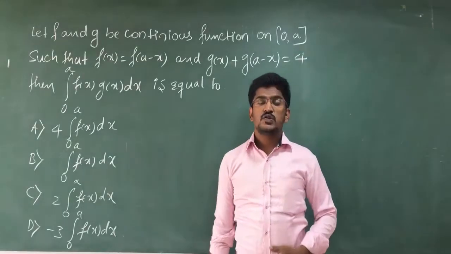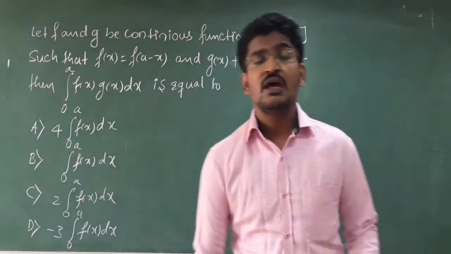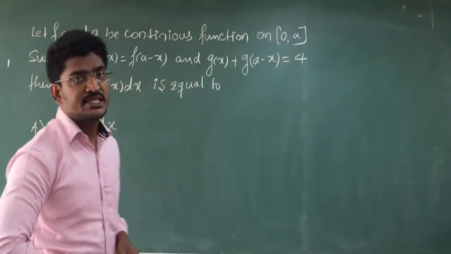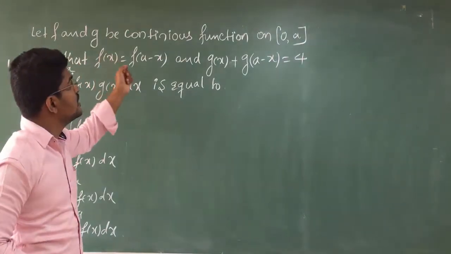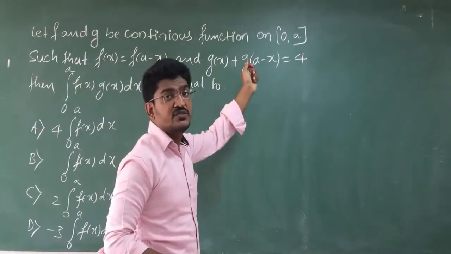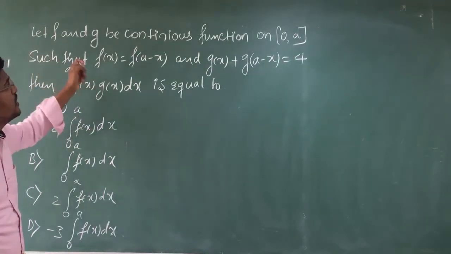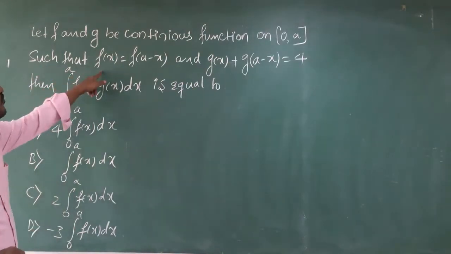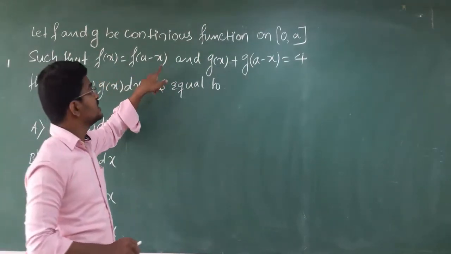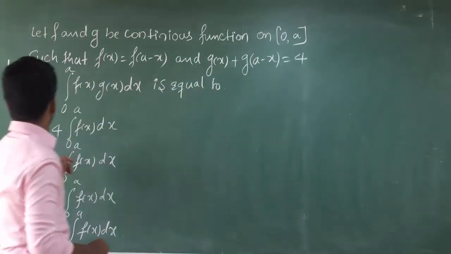Okay students. Now let us go for the next problem, that is from definite integrals. Clear? Let f and g be continuous functions on the closed interval 0, a. See here, let f and g be continuous functions on 0, a such that f of x equal to f of a minus x, and g of x plus g of a minus x equal to 4.